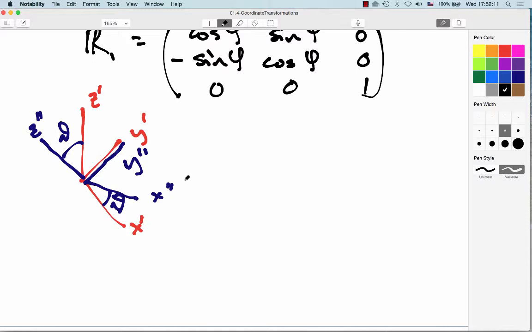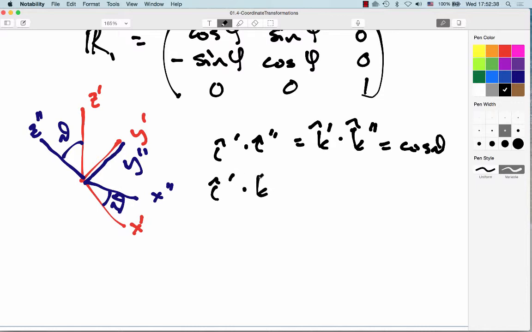I'll let you convince yourself here that my i prime dot i double prime, and my k prime dot k double prime, will give me cosine theta.